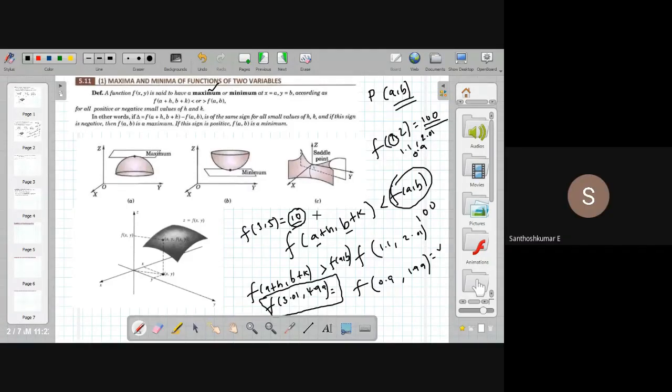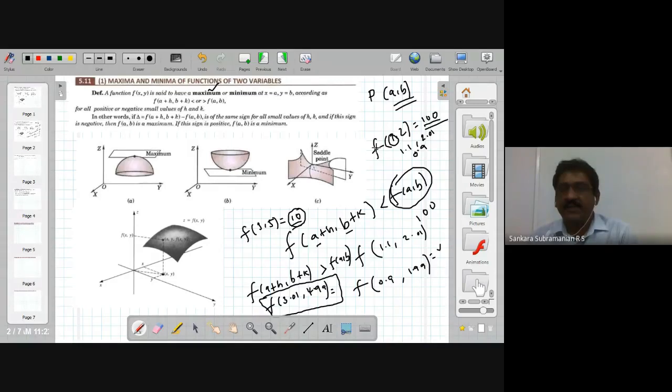Sir, must be less than 100, sir. I'm talking about minimum. If you claim that 100 is the maximum, then at a neighboring point of (1, 2), if you substitute any value, that output will always be lesser than 100.